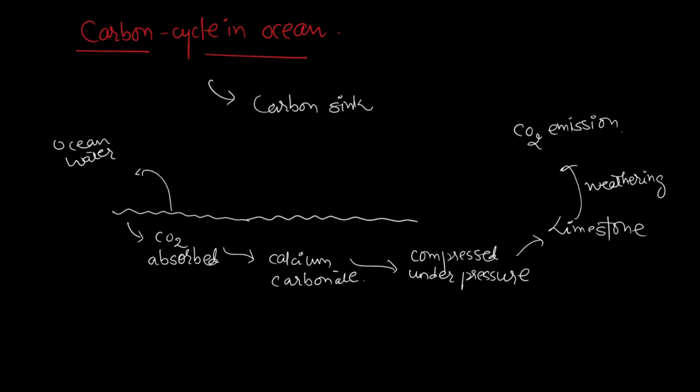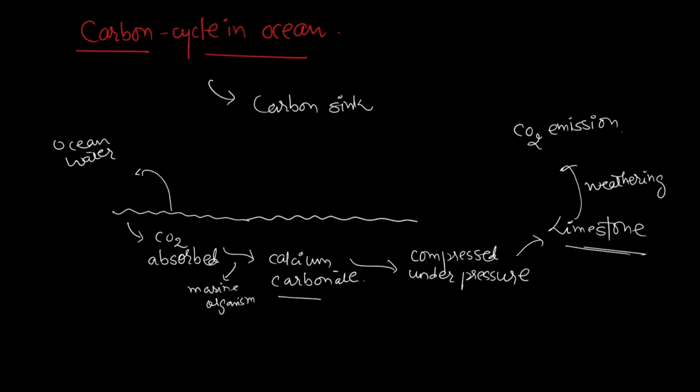And then when the CO2 is absorbed, that CO2 via the marine organisms is converted into calcium carbonate, and that calcium carbonate, when compressed under the tremendous pressure of the ocean water, eventually gets converted into limestone.